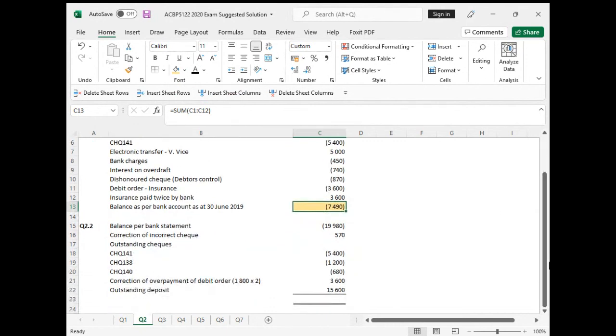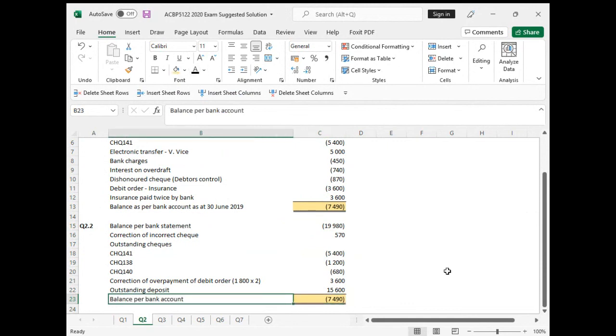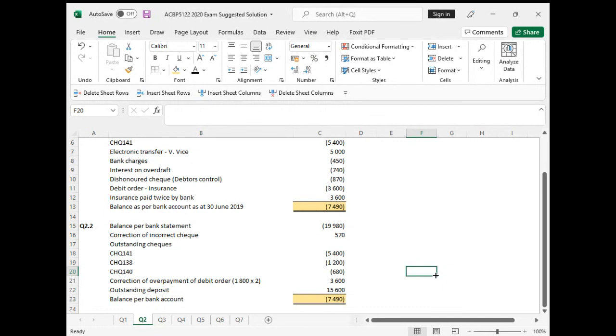Let's see if we add the amounts up on the bank reconciliation. What do we get? We get 7,490. And because those two are exactly the same, we know we have done the transactions correctly. So we have reflected them as a positive or negative in the correct manner, and we've disclosed them on the correct account to get to the same value. Okay, so this is how you would have to do question 2.